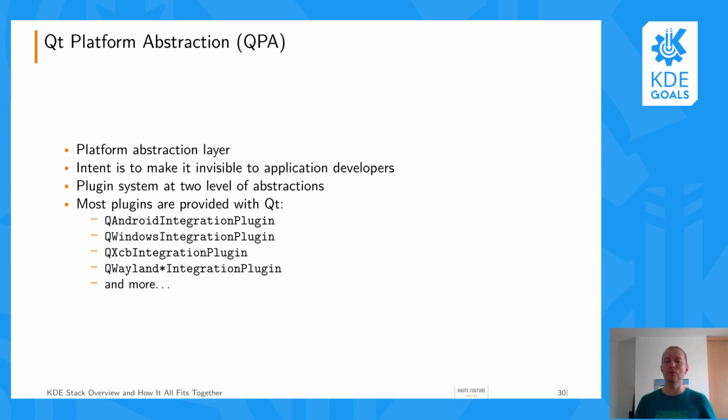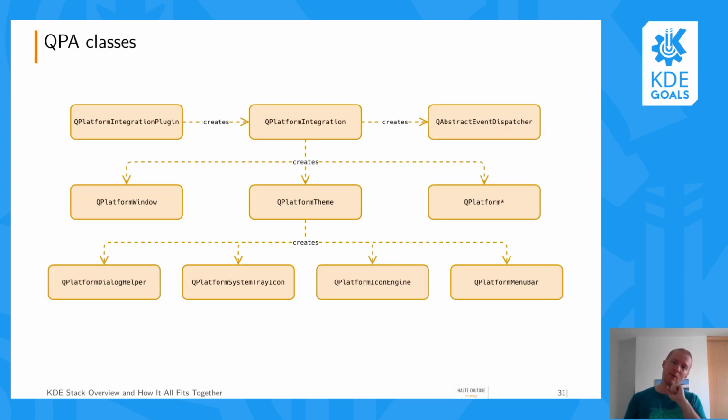So we see that there are two levels of plugins in there. And most of the plugins are actually provided with Qt. So the Android integration plugin is provided with Qt, the Windows integration plugin with Qt. For Wayland, that's with Qt. For X11, so XCB, that's with Qt, and so on. So there's a few more. So the first level of abstraction, you don't really need to do much.